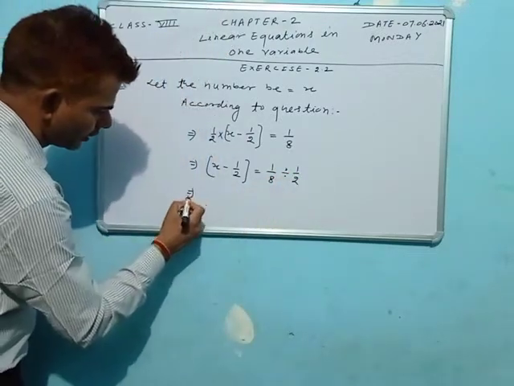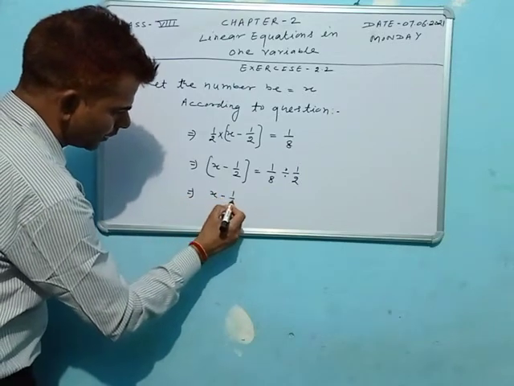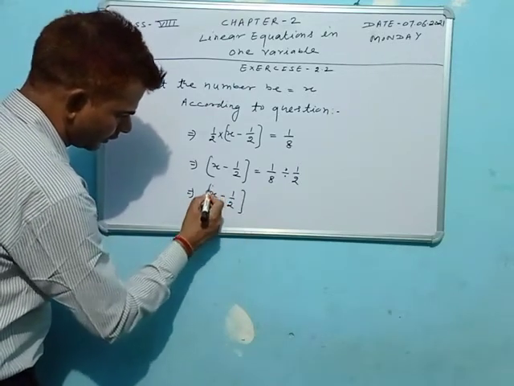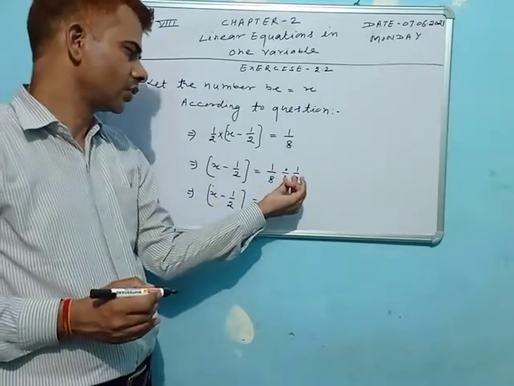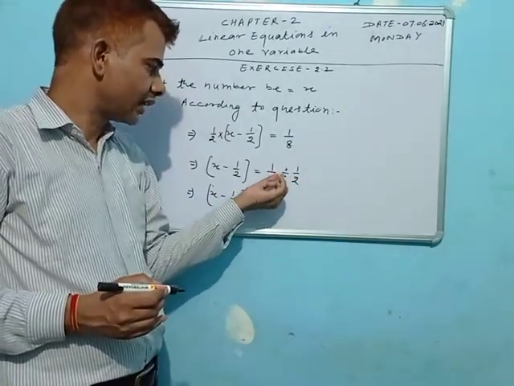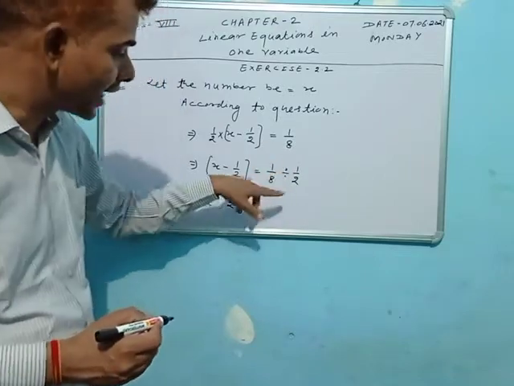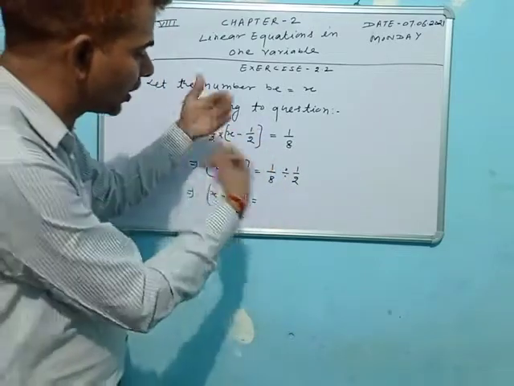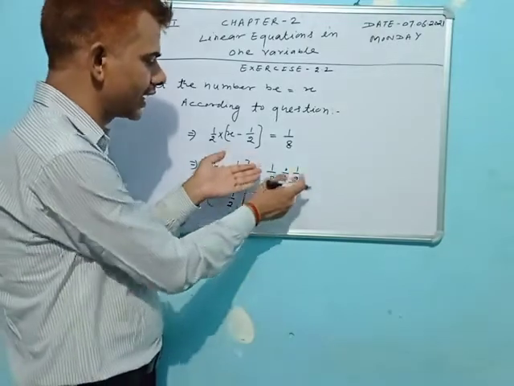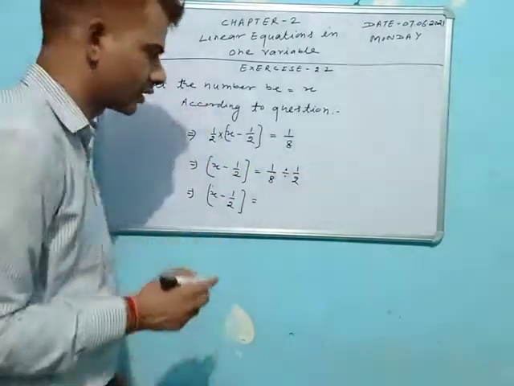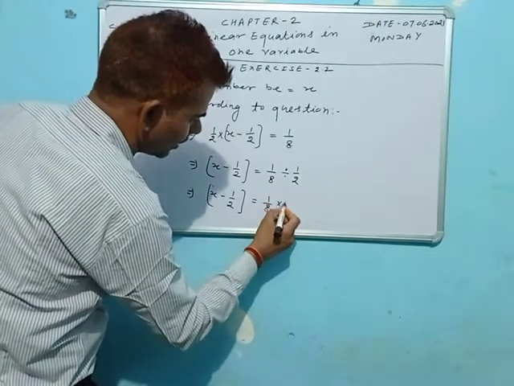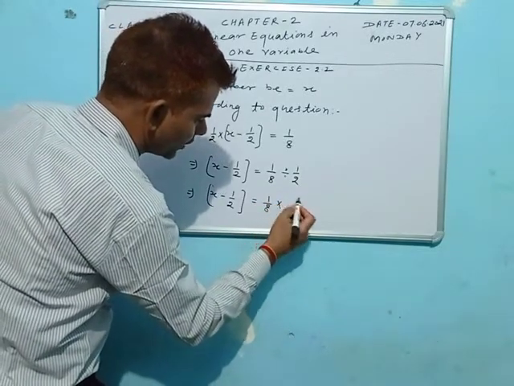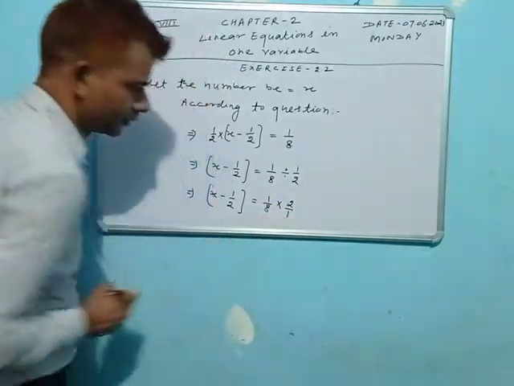Now students, x minus 1 by 2 is divided, so the divide sign changes into a multiply sign and we take the reciprocal, that is 1 by 2 changes into 2 by 1.